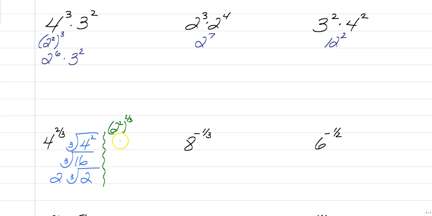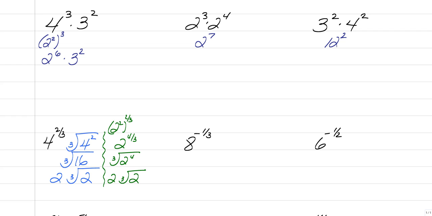So what if we were to just start with 2 to the 4/3 and then write that as the cube root of 2 to the 4th. Then 3 goes into 4 once with a remainder of 1, just like we were simplifying with variables in the last video. So that's why I wanted to show you there's different ways of doing these. As long as you're getting the correct answer, it doesn't matter which approach you want to take.